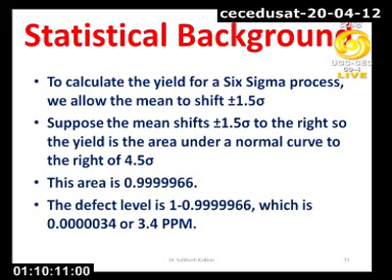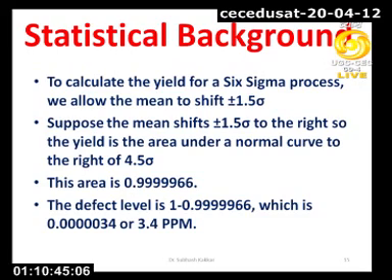To calculate the yield for a Six Sigma process, we allow the mean to shift plus minus 1.5 sigma as we have discussed earlier. Suppose the mean shifts by 1.5 sigma to the right. So, the yield is the area under a normal curve to the right of 4.5 sigma, and this 4.5 has come by subtracting 1.5 from the 6 sigma level, as we are now maintaining a shift in the mean value.